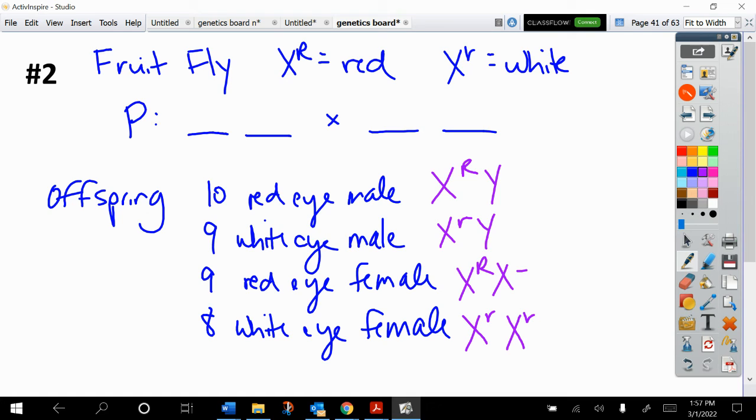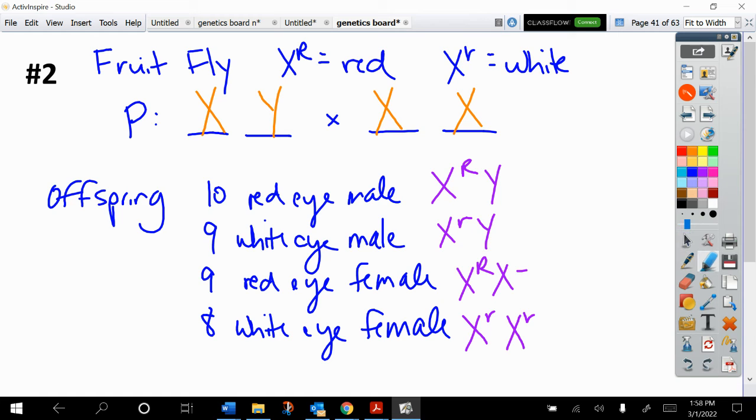All right, so you should have these genotypes written down for the offspring: X capital R Y, X lowercase r Y, X with at least one capital R, and then X lowercase r X lowercase r for the white-eyed female. We know that we have a male parent and a female parent, so XY and XX. Let's go ahead and start with the female parent first.